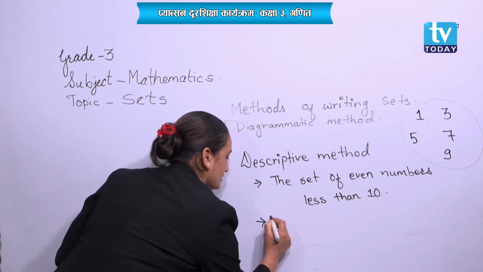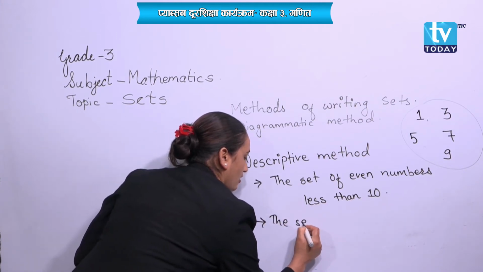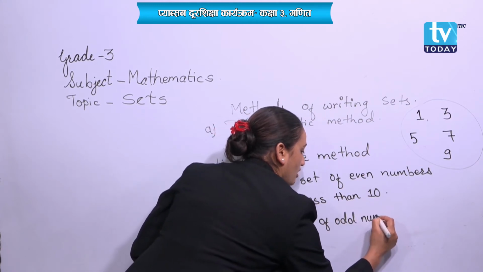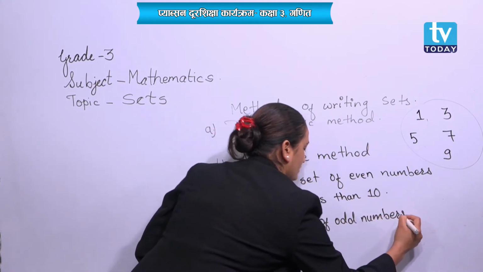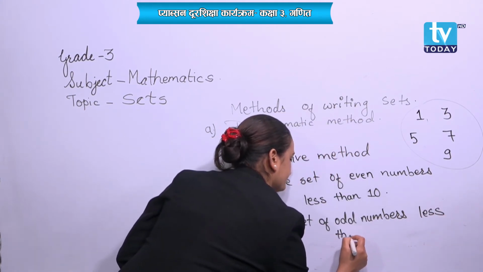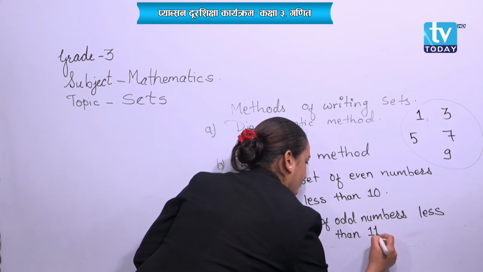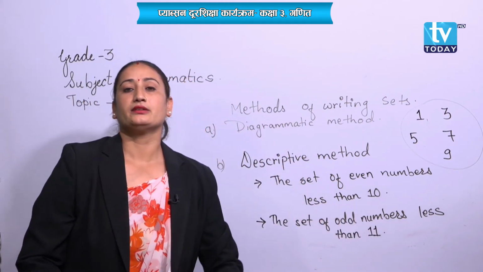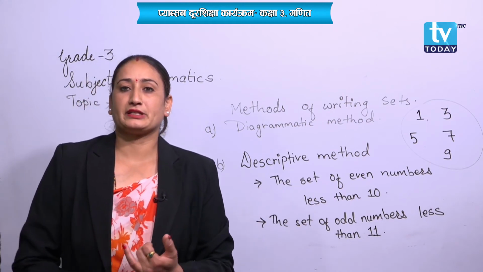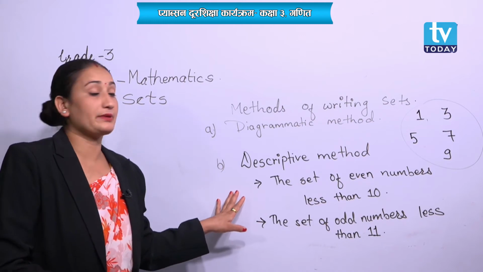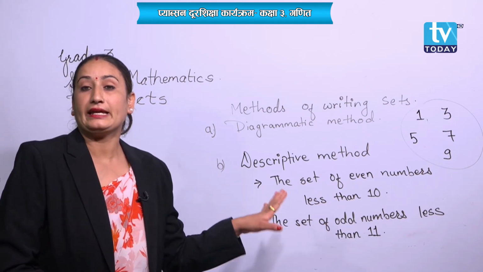Second is the set of odd numbers less than 11. Okay. Done. Then diagrammatic method also you know well, and from the descriptive method also you can do it easily.